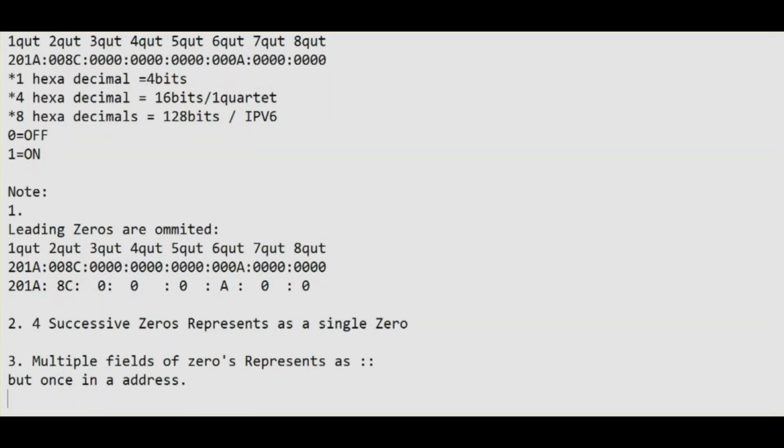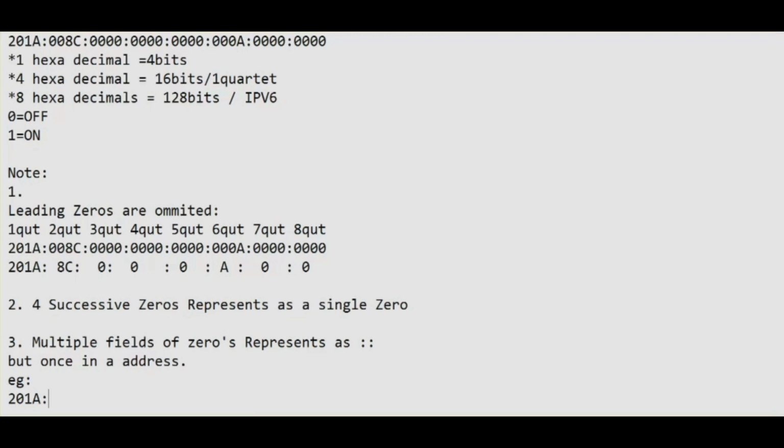So for example, colon, my second field 8C colon. In my third, fourth, fifth fields we have all zeros. So instead of writing that, we can simply mention a double colon.